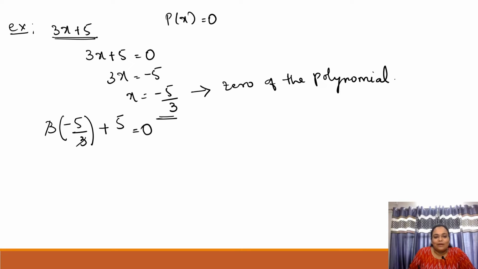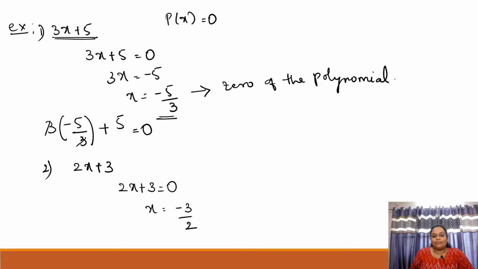Now let us take one more example, that will be 2x plus 3. If you want to find the zero of the polynomial, you will equate it to 0. 2x plus 3 is equal to 0. x is equal to minus 3 by 2. So let us substitute this minus 3 by 2 in 2x plus 3.